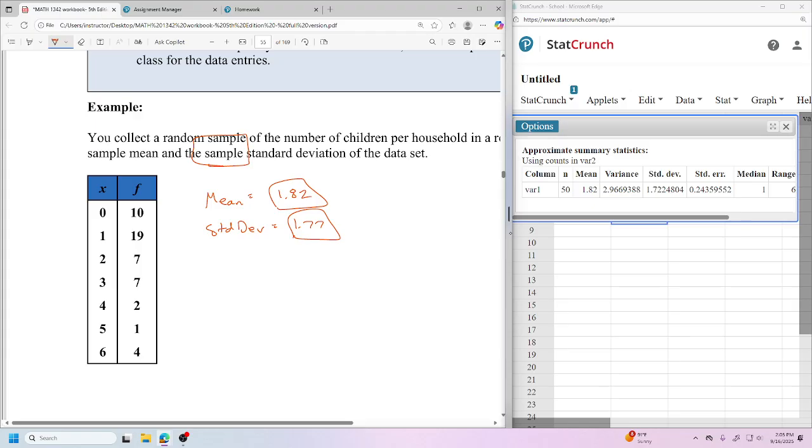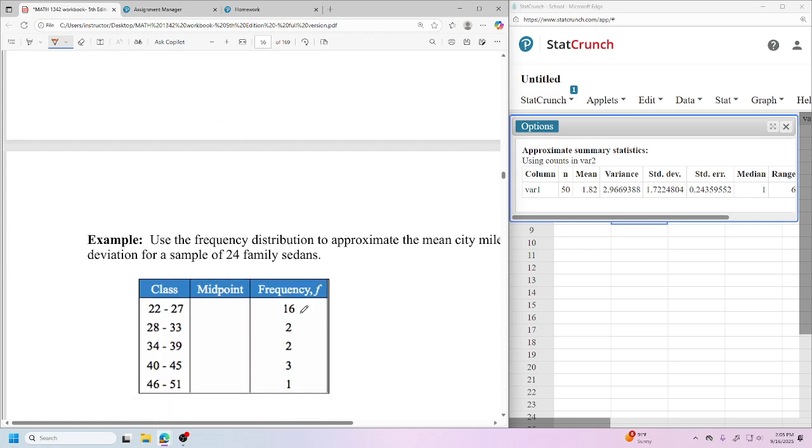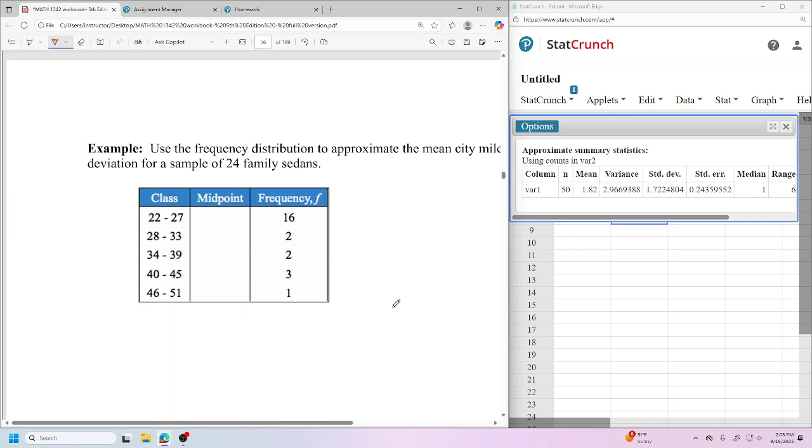The next question is not on the homework. Okay, if y'all are good, I'm good. I'm going to move on. This one here is an excellent question. It truly is great. I love the workbook. I think it's awesome.